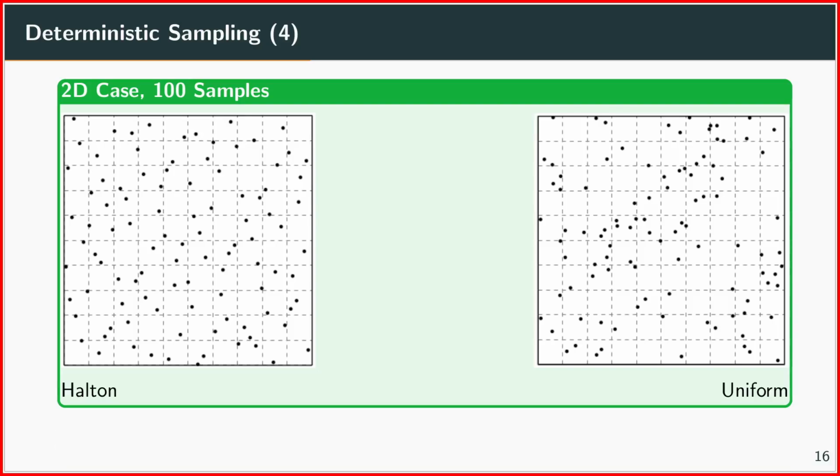That is the biggest difference here, that the Halton really generates this nice grid-like structure where you get a lot less free workspace and you don't get this clustering.